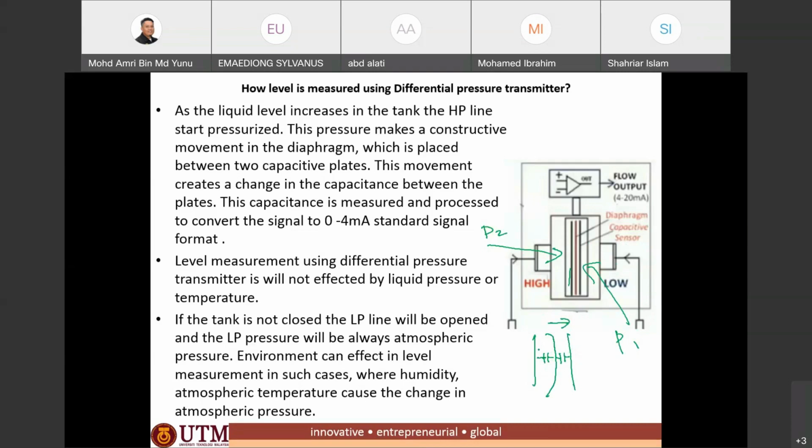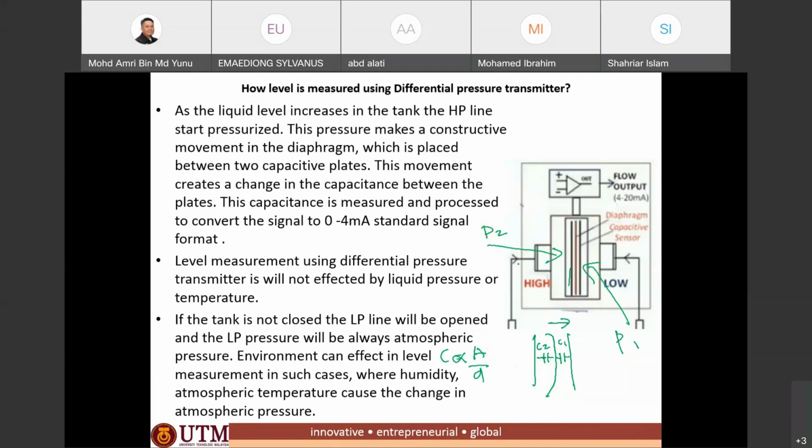So let's say C2 and C1. We know that the capacitance C is proportional to the surface area and the distance. The surface area is fixed, but the distance, due to the pressure, will vary.